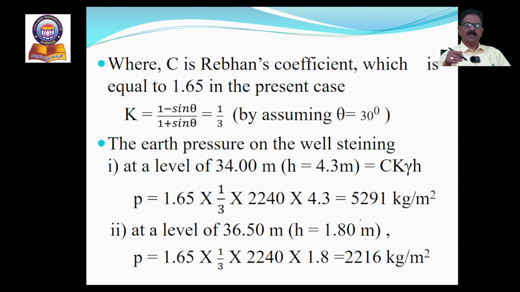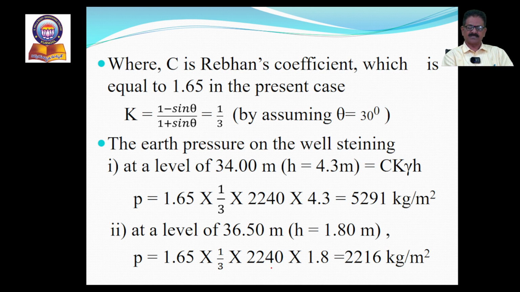Similarly, at the other level, that is the 36.5 meter level, in between top and bottom, where the thickness of the well is changing, we have to calculate the earth pressure at this section also. The same equation is used. C is 1.65, K is 1 by 3, and gamma is 2240.